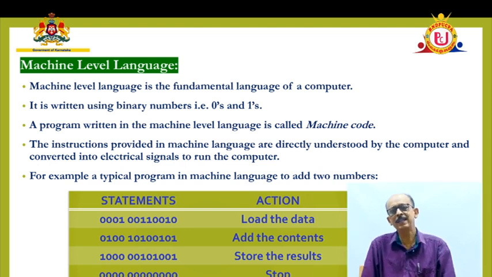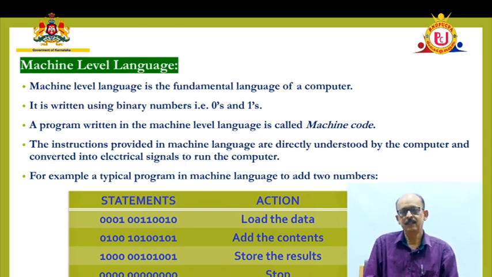So when you talk about the machine level language, as we have already seen, instructions were written in machine level language, that is by using zeros and ones only. People used to write the instructions using zeros and ones only.